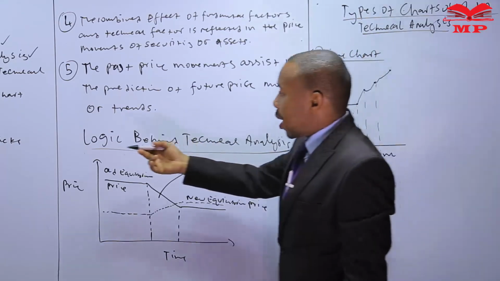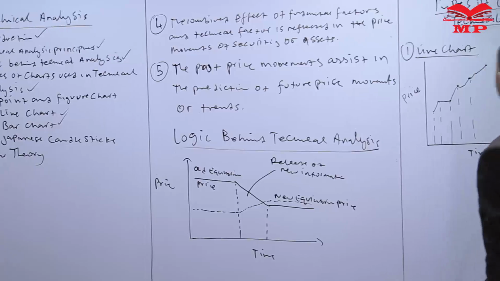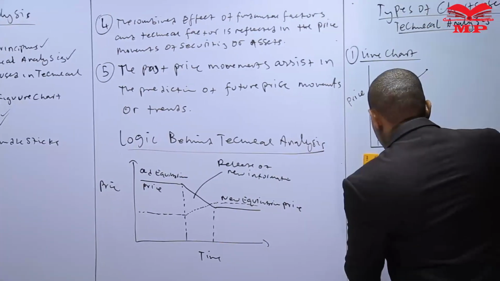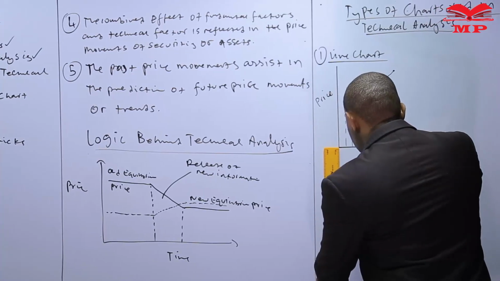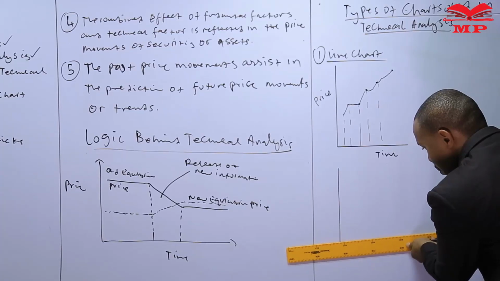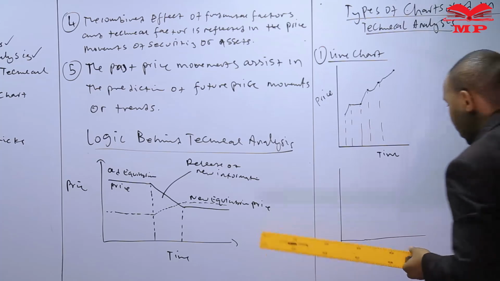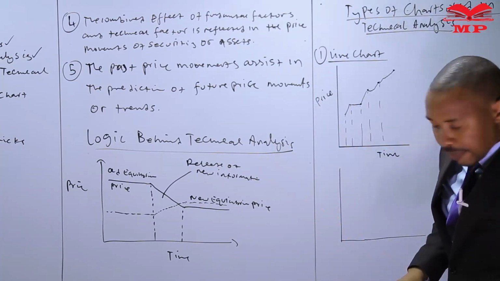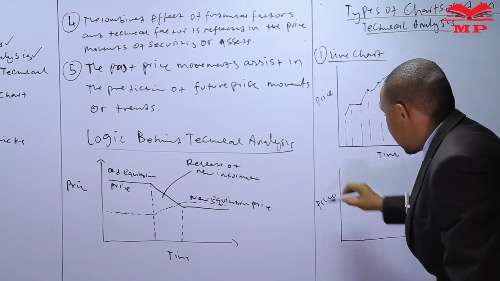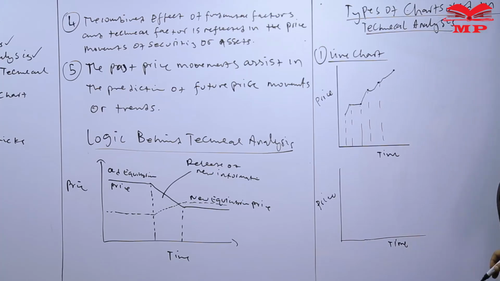Now we look at what a bar chart is. A bar chart right there. So a bar chart is a chart that is drawn like so. You can draw it right here. Then we can say that this is just the plot of price, still against time, like that.